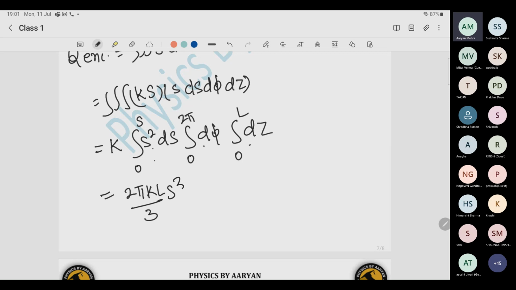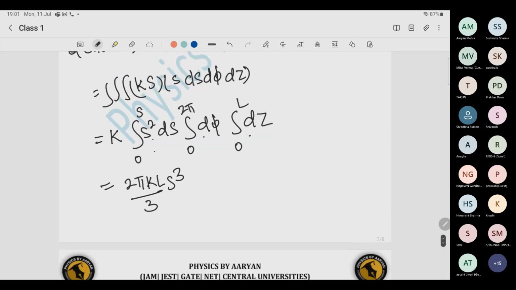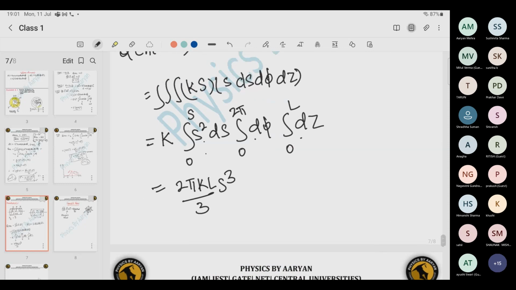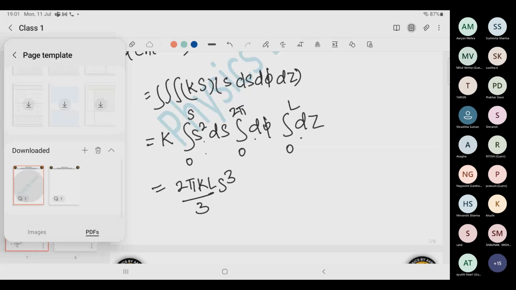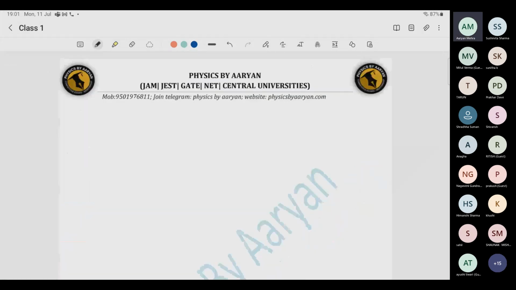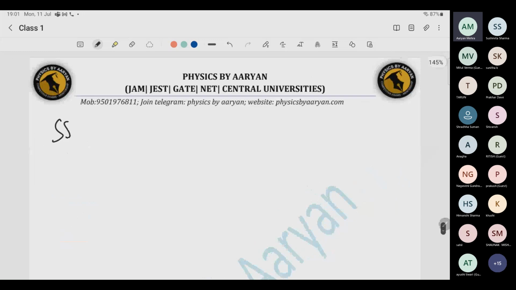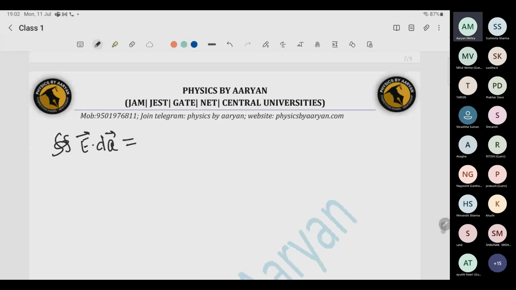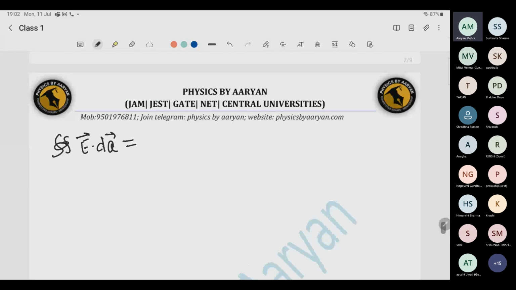So have I done it right? Okay. So now what is on the left hand side? E dot dA, we should write, to avoid any confusion. So what kind of area is this?